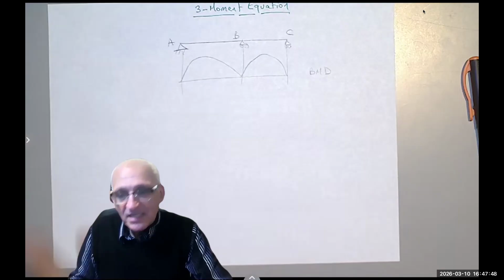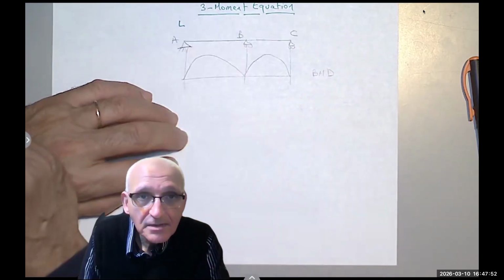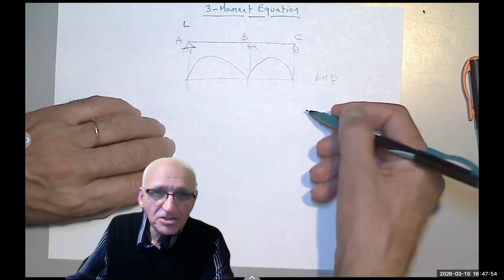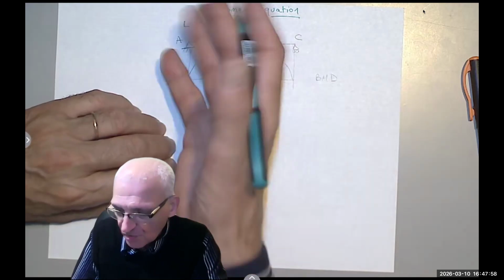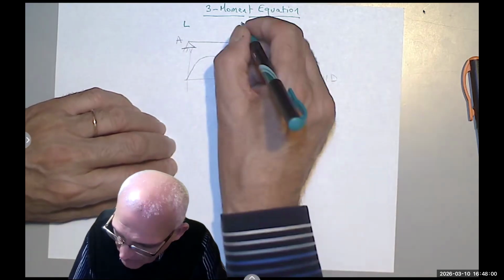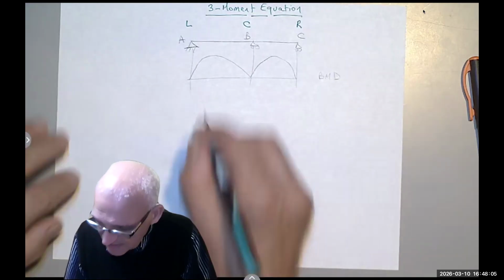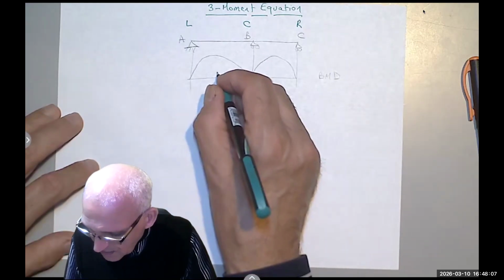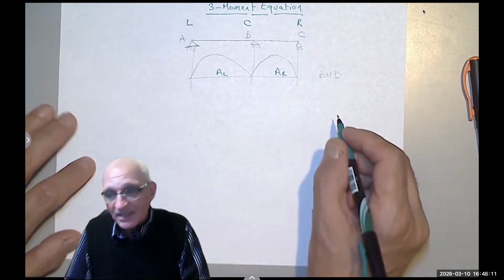So from here, I'm going to refer to point A as the left in writing the equation. We are going to refer to them as ABC, but I'm going to say left, center, and right. So this is area 1, or we can call it area left and area right of the bending moment.